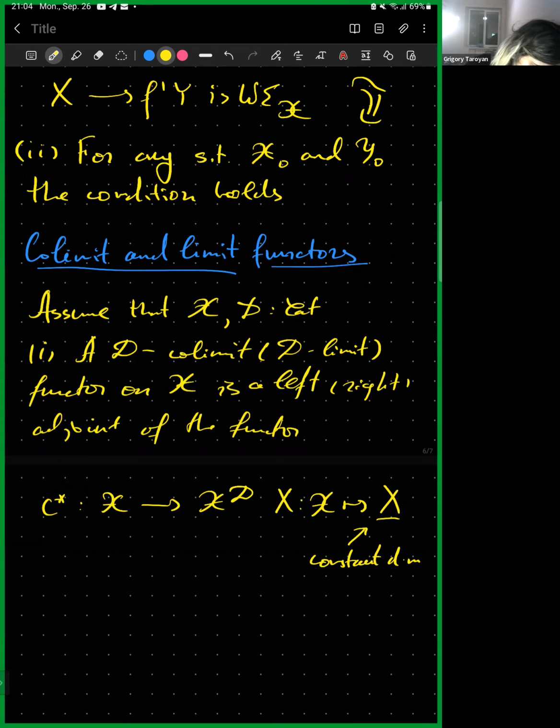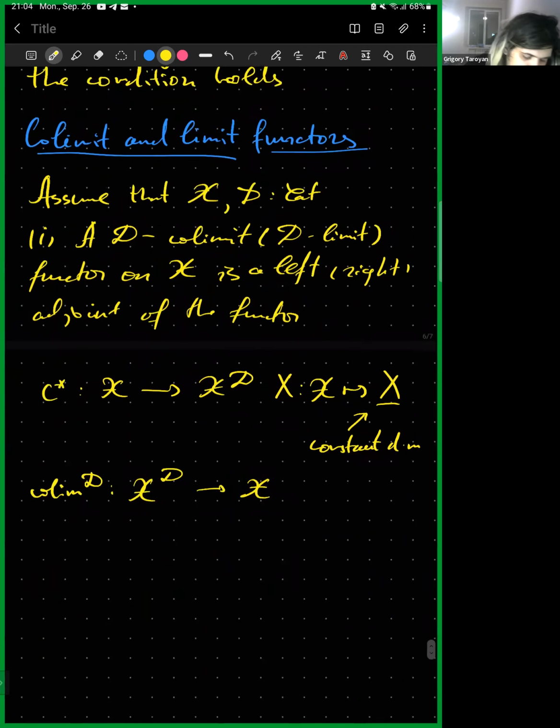And similarly, the colimit then is a left adjoint, which goes from the category of diagrams to X. We can generalize this notion.